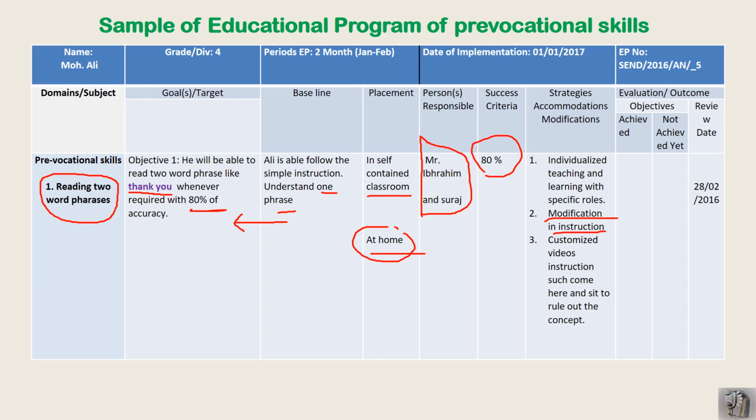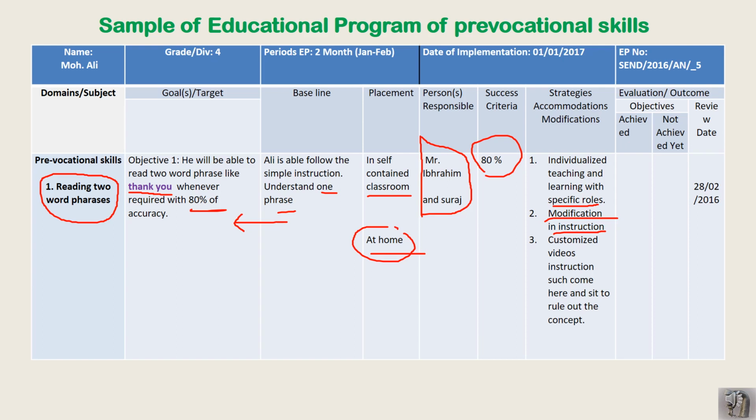Two-word phrases like thank you, welcome, sit, and some greeting words. This kind of customized video I will be showing to the child, so that the child can understand the concept very easily. And the specific roles, that means the parent, the teacher, the brother, how they have to interact with the child. That is very, very important here.